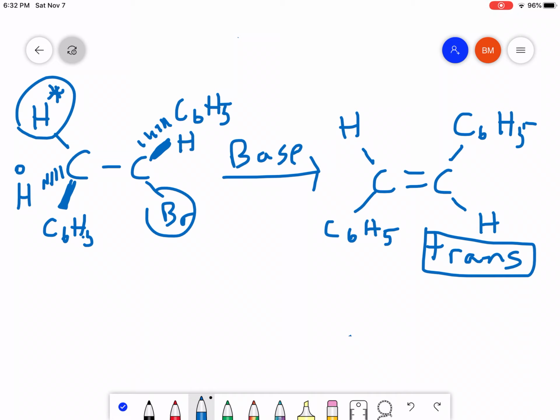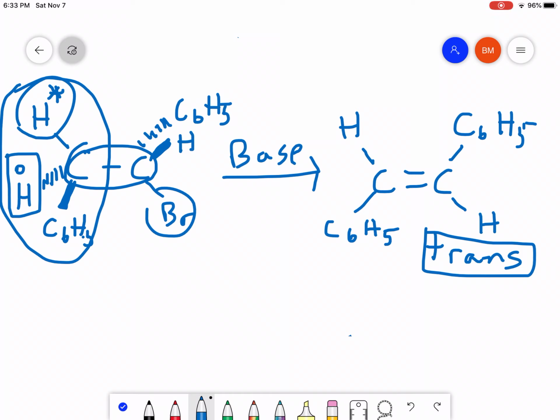Don't forget, we're getting constant rotation around this carbon-carbon single bond. And what can happen is these groups can rotate into a position where this hydrogen is actually the one that's anti-periplanar to your Br. In fact, I'm going to redraw this. I'm going to draw this in a rotated state where I've rotated around that single bond.